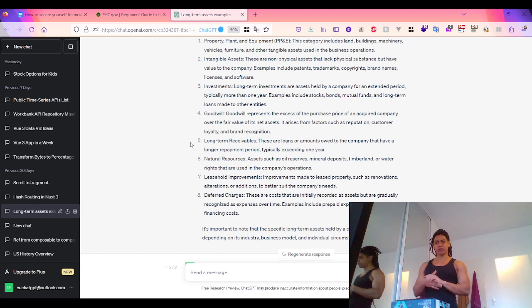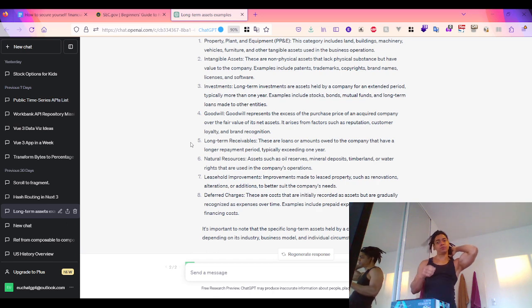Okay, so natural resource, leasehold improvement. This generally involves the investing activities. Leasehold improvement is made to a leased property, such as renovations, alterations, or additions to better suit the company's needs.